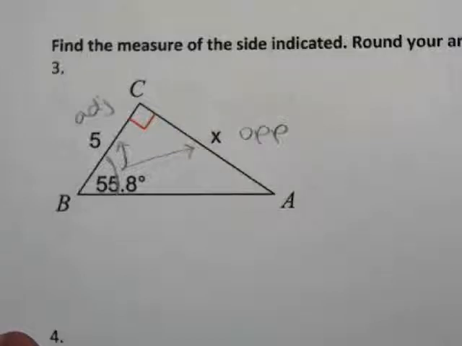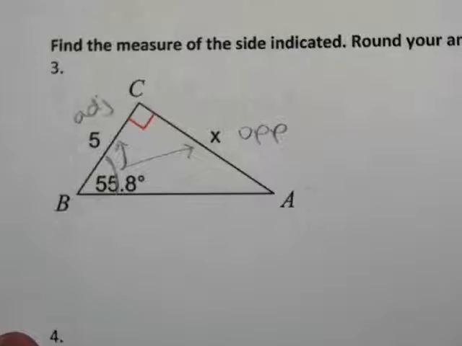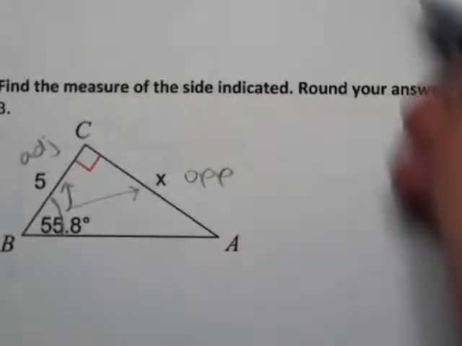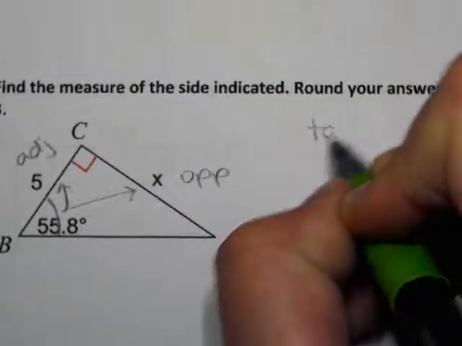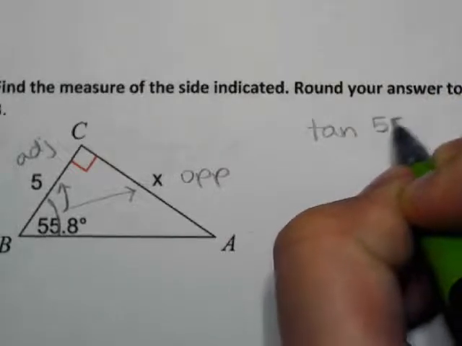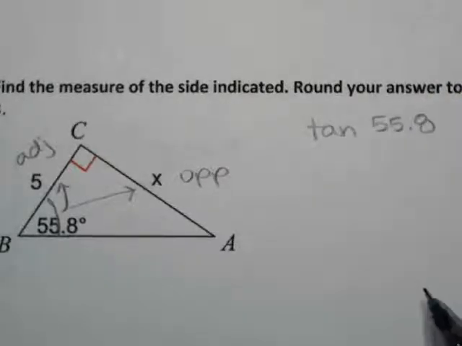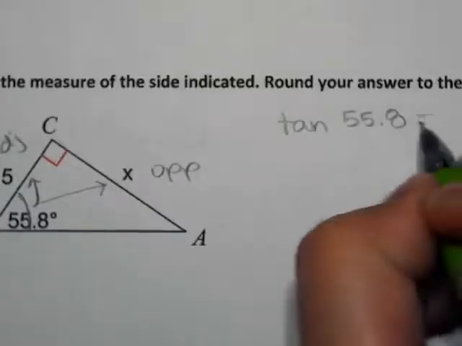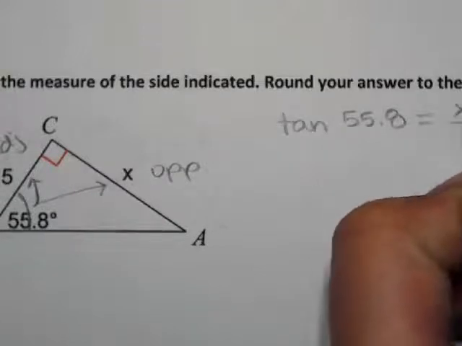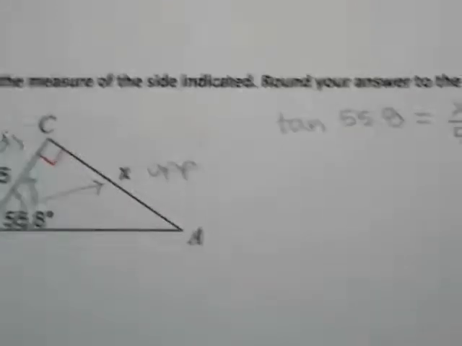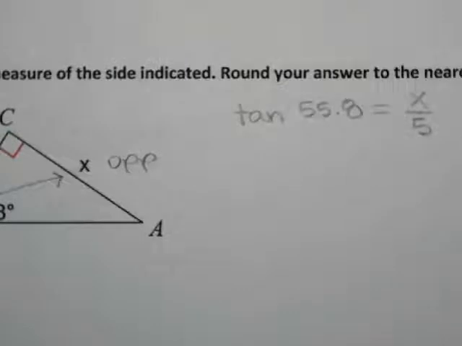So what we're going to do is write tan 55.8, tan of the angle, equals opposite over adjacent. Are we good so far? Okay.